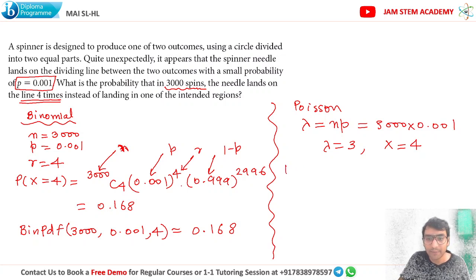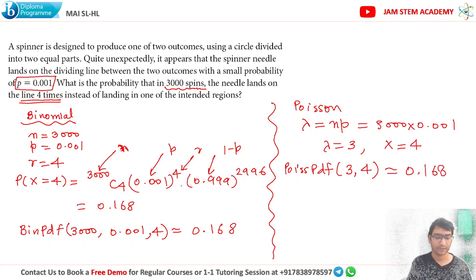So let's apply the Poisson PDF here for 3 and 4. When you apply this, you will get the same answer, which is 0.168. It means, yes, we are getting the same answer here using either binomial or Poisson.